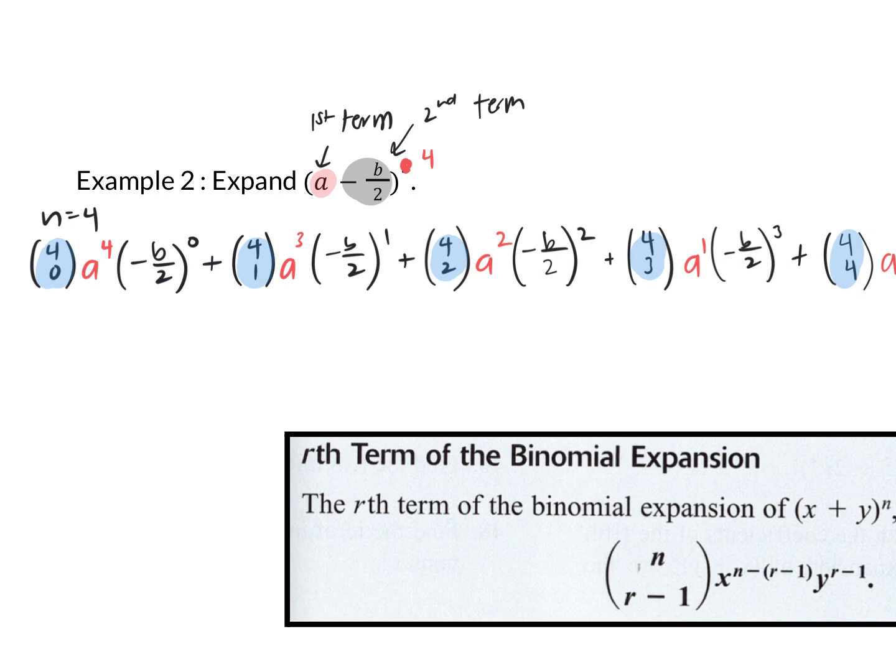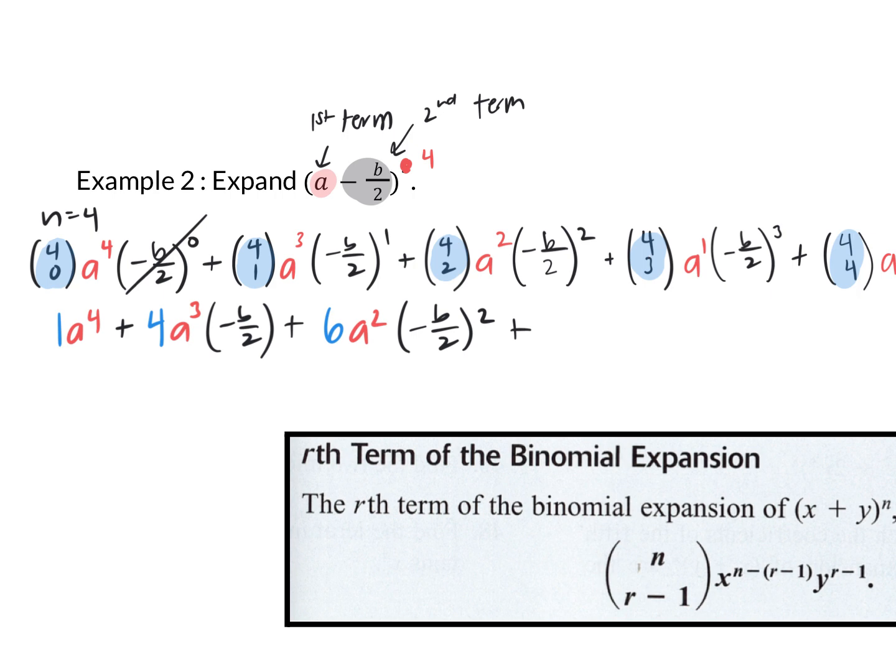So what would my coefficient be for 4 choose 0? 1. The first one is always 1, and the last one is always 1. So I've got 1 times a to the 4th, and then this negative b over 2 to the 0 goes away. What is my second coefficient? 4 times a to the 3rd, and negative b over 2. 4 choose 2: 6 times a squared, and negative b over 2 squared. 4 choose 3: 4 again.